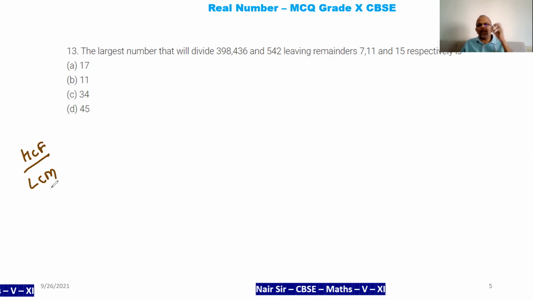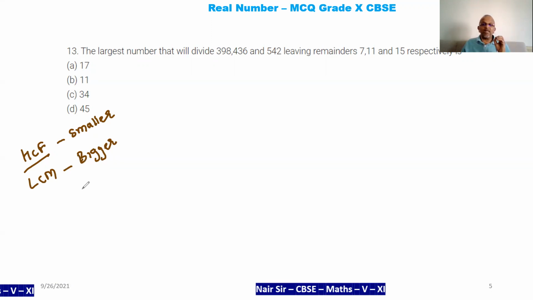If the number that I'm finding is smaller, I need to find the HCF. If the number is bigger than the given numbers, I need to find the LCM. If you can remember this, you will never get confused with LCM and HCF.